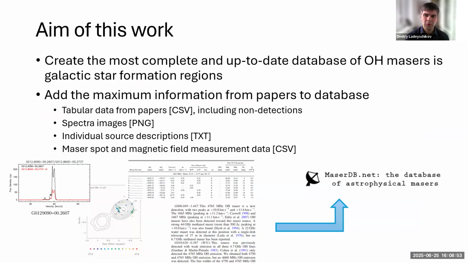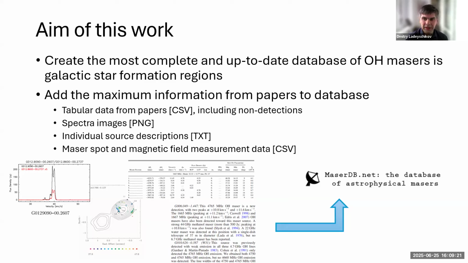What we want to do in this work is to create the most complete database of OH masers in galactic star-forming regions that includes also the latest surveys that are not included in the CSIRO catalog, but also less known surveys that can be important in statistics.